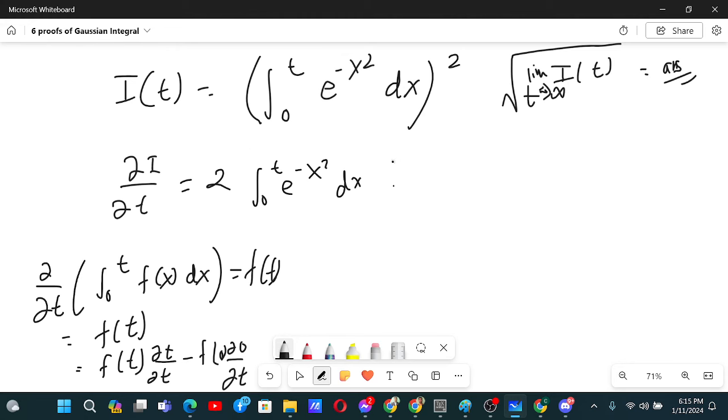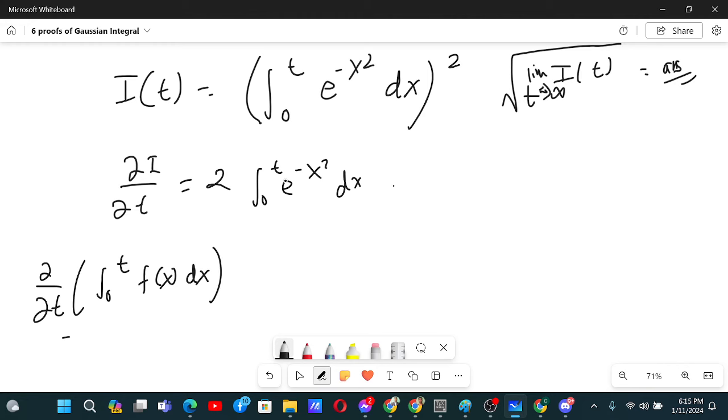Okay, so over here, since we are integrating and differentiating the same thing, we will just have e to the power minus t square.